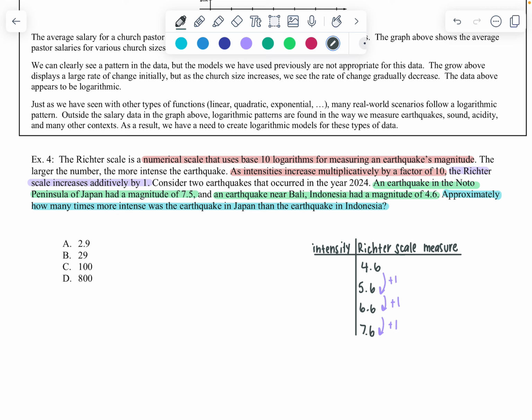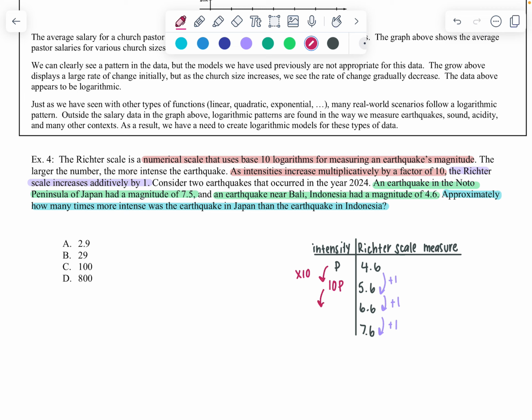We don't actually know the intensity of the earthquake in Bali, so we can say some unknown. Let's call that unknown P. However, we do know that the intensity of the earthquake that has a Richter scale measure of 5.6 is 10 times more powerful than that original earthquake.